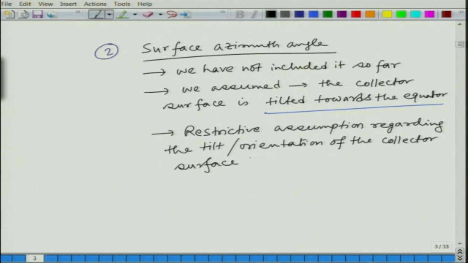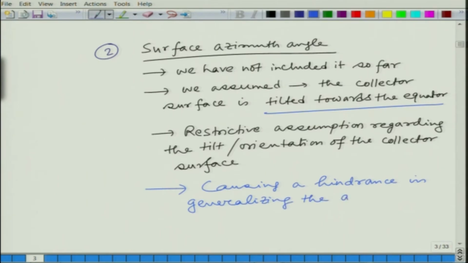Again, this is causing a hindrance in generalizing the analysis.